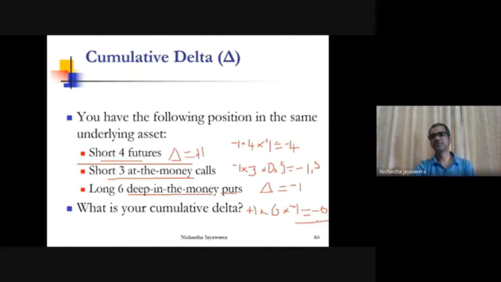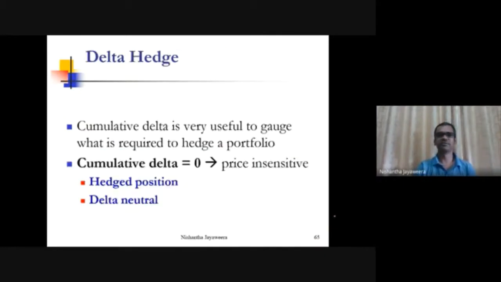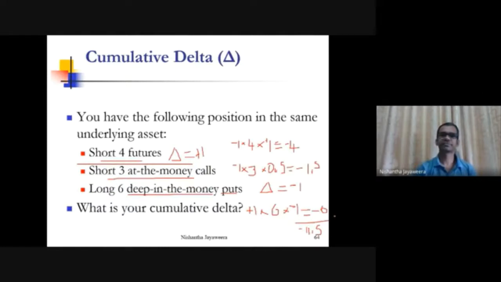That means -11.5. That is the cumulative delta. If the spot price increased by $1, your position will decrease by $11.5. Is it clear?